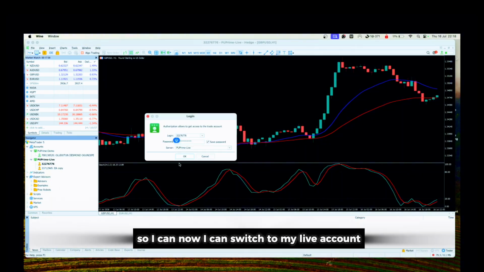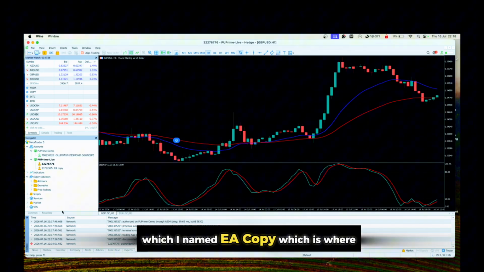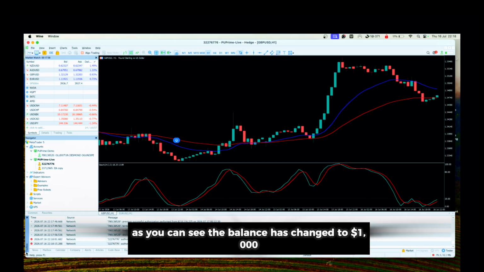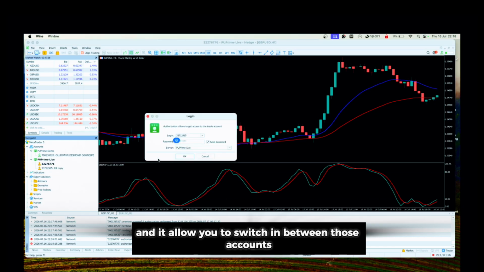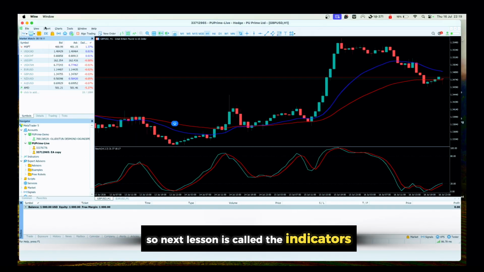So I can switch to my live account, which I named EA copy, which is where, as you can see, the balance has changed to $1,000. So you can have as many accounts on your Navigator, and it allows you to switch in between those accounts.